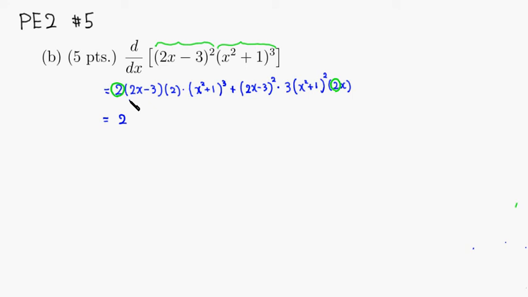And we have 2x minus 3 here, and there are actually 2 of them in the second term, so I'll circle this so that I know that there's another 2x minus 3. So we have 2x minus 3. Then we look for more common factors.